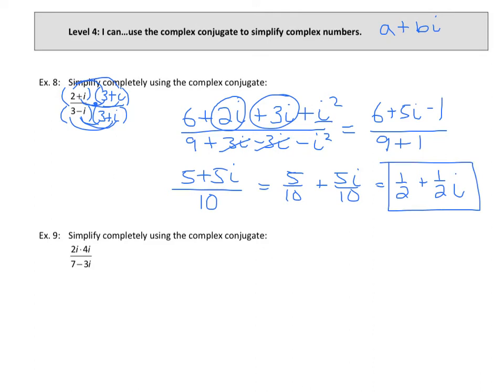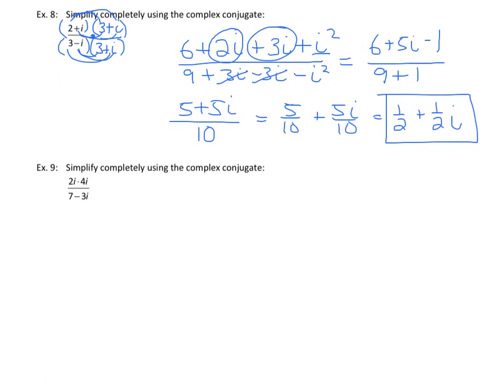Same thing in this next example. First we can simplify on the top. 2i times 4i would be 8i squared, which is 8 times negative 1, which is negative 8.